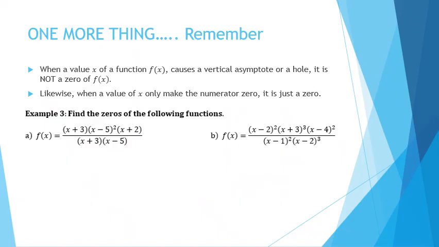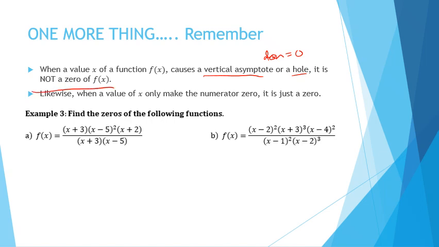All right, so one more thing to remember. I know we kind of touched on this before, but it's still really important now that we're talking about the holes. When you have a value x for a function that causes the entire rational function to have a vertical asymptote or a hole, so basically anything that makes the denominator equal to 0, then this is not a zero, right?